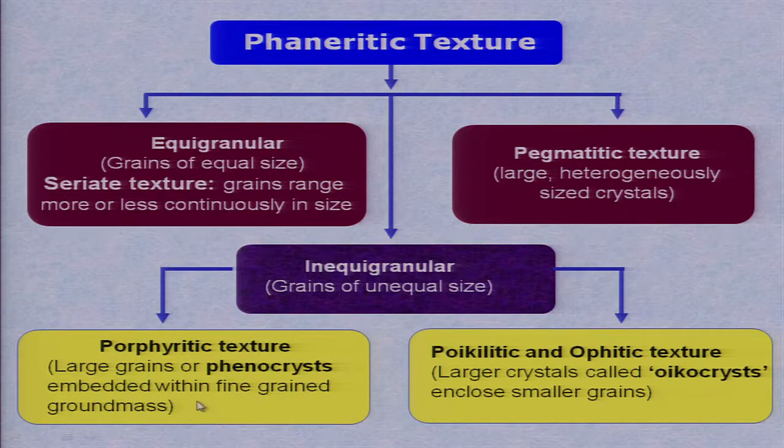The fine grained groundmass is chiefly composed of microphenocrysts. So, this texture is called porphyritic texture. The other variety of inequigranular texture is poikilitic texture, defined as a larger crystal called an oikocryst, which encloses smaller size crystals or grains.